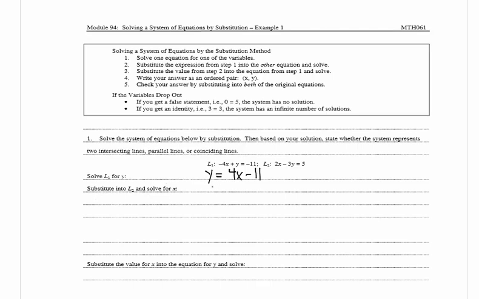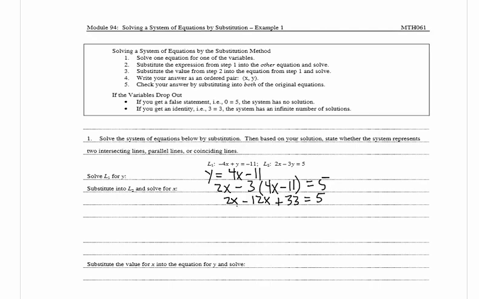So for L2 we have 2x minus 3 times y, and in place of y we're going to substitute 4x minus 11, and this is equal to 5. Now I'm going to distribute the negative 3 through the parentheses on the left side of the equation, so I have 2x, and negative 3 times 4x is negative 12x, and negative 3 times negative 11 is positive 33, and this is equal to 5.